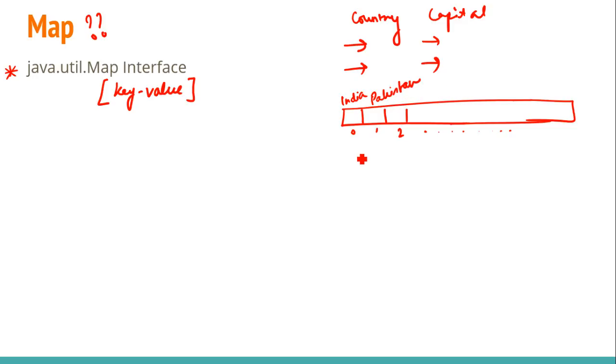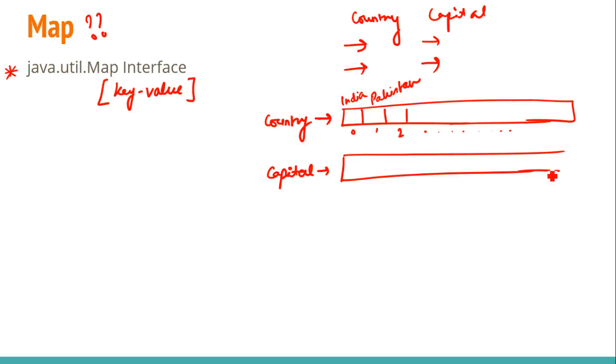And then this becomes our country array. Now we create one more array for storing the capital, and just make sure that the capital of the country at index 0 is at index 0 here as well. So Delhi comes at index 0.